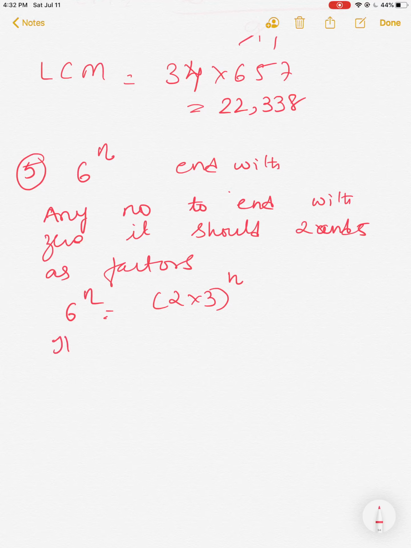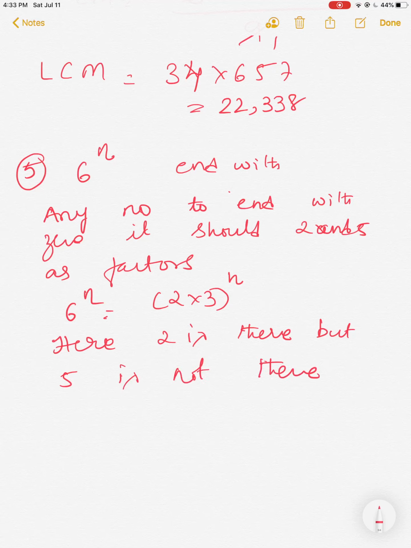Here 2 is there, but 5 is not there. So the number will not end with 0.